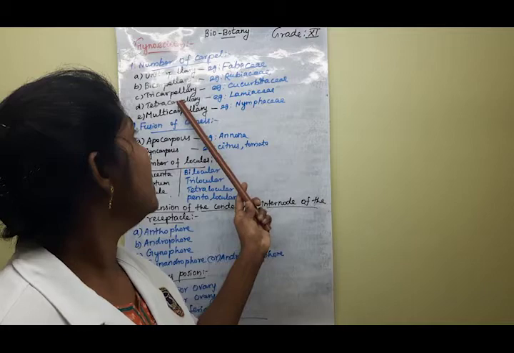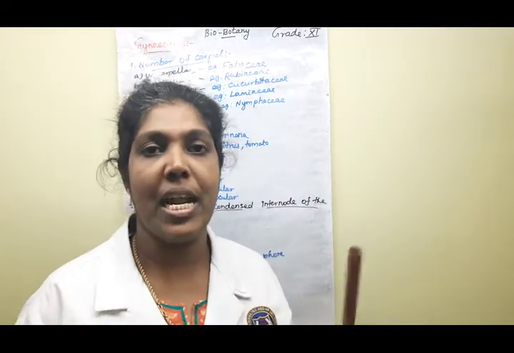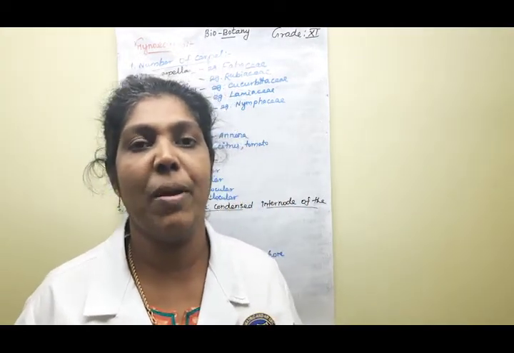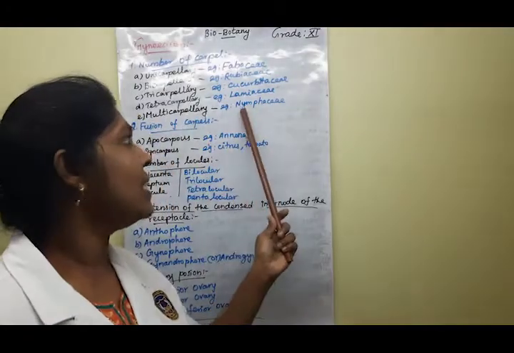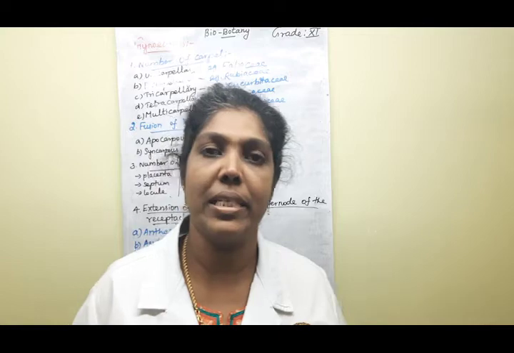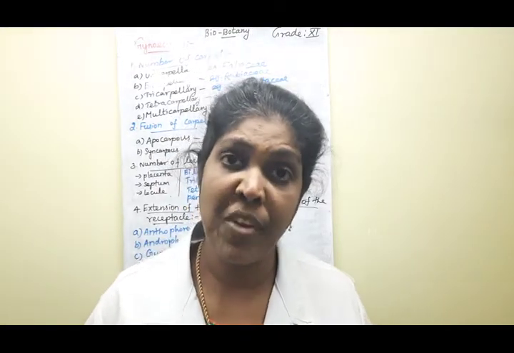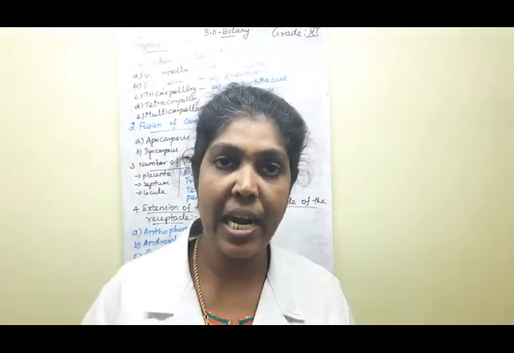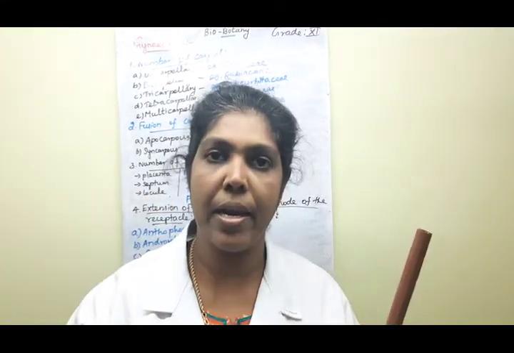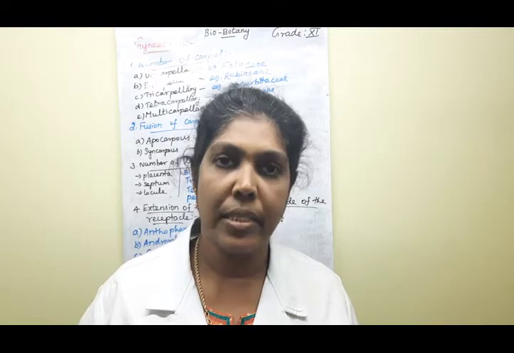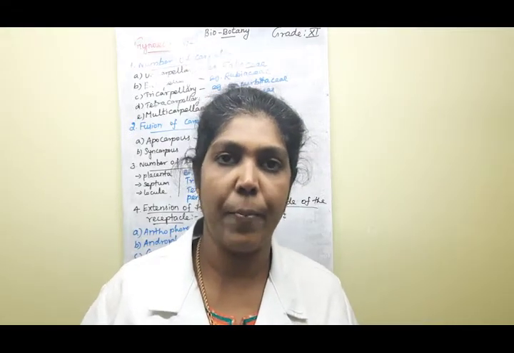Tetracarpellary: the Lamiaceae. Finally, pentacarpellary: a good example is the Nymphaeaceae family. Clear, children? So you can tell the terms for the number of carpels.